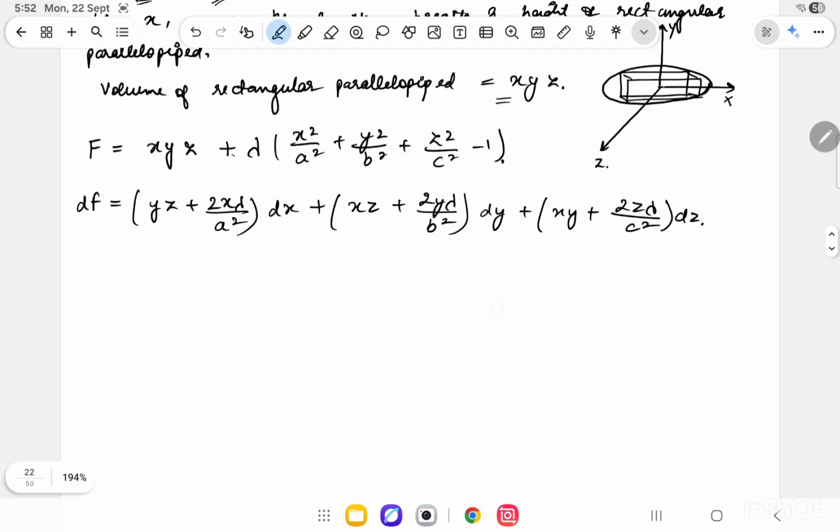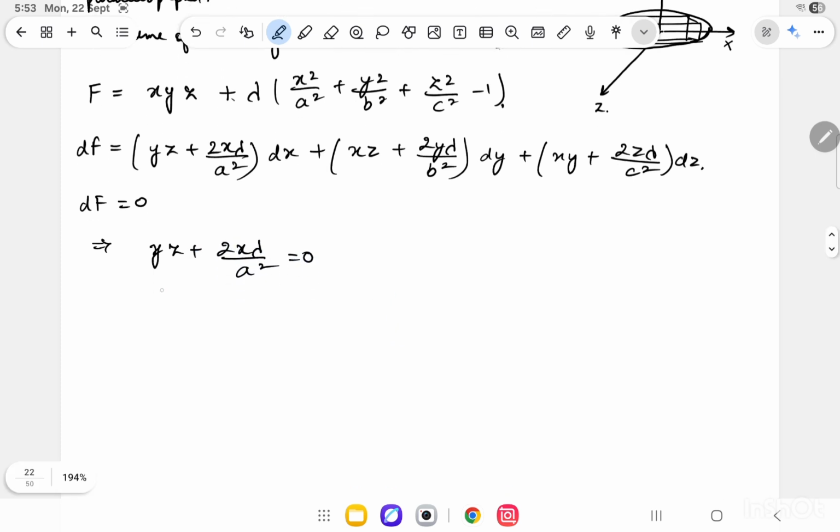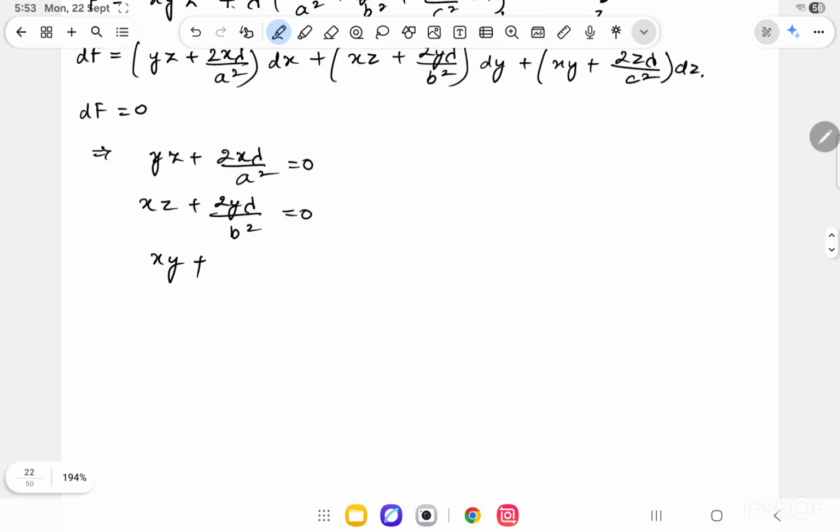If I equate it with 0, that gives me yz plus 2x lambda by a square equals 0, xz plus 2y lambda by b square equals 0, and xy plus 2z lambda by c square equals 0.